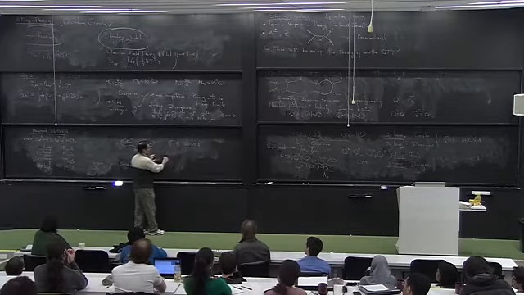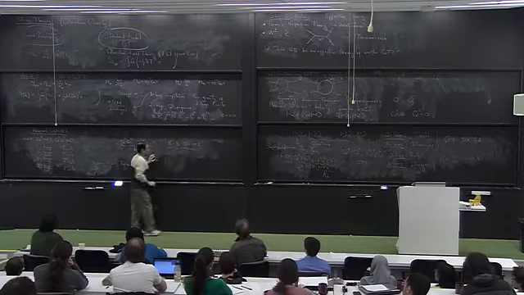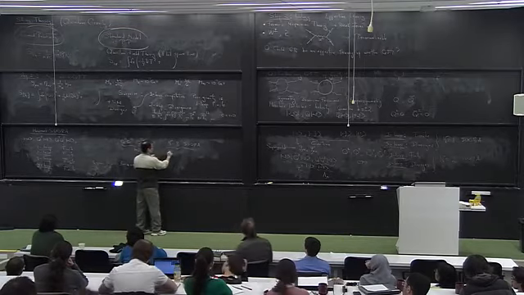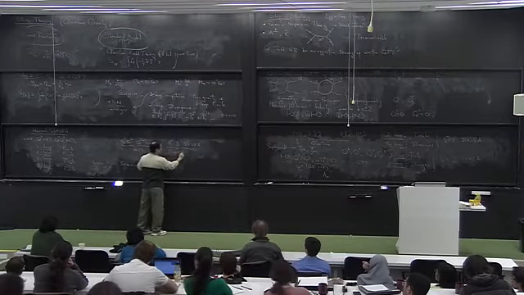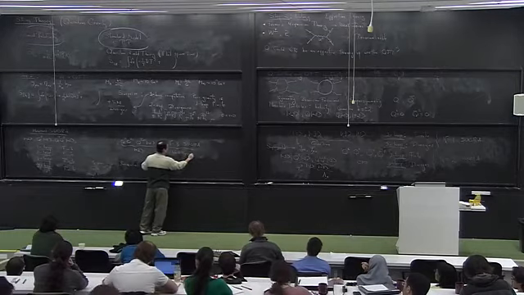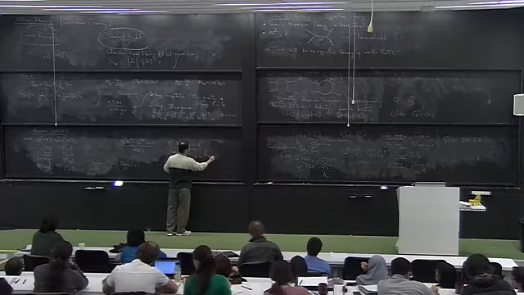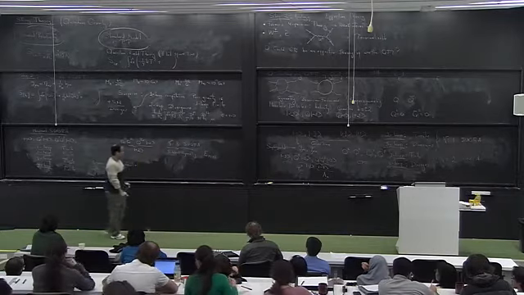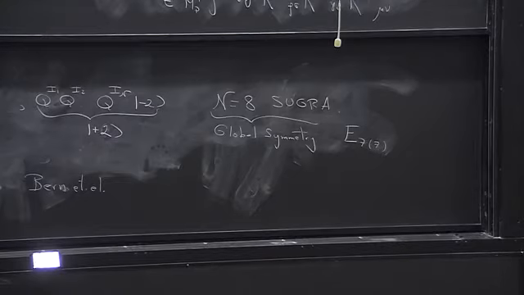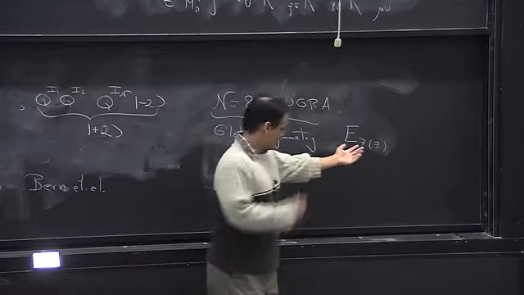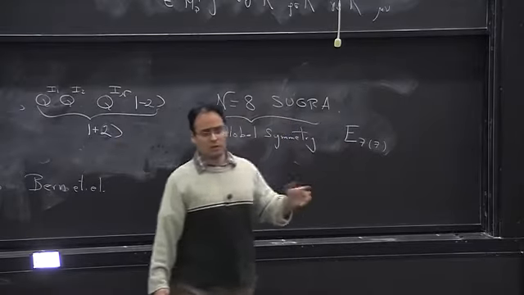It turns out that this theory has a global symmetry, which is called E7(7). So the symmetry was known to be there for a long time, but it was thought to be anomalous.